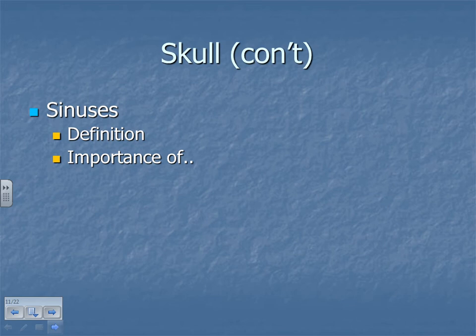And really the last importance is maybe it helps to reverberate sound. As you talk, some of the sound waves travel up through your bone tissue and reverberate within your sinuses. So many singers will talk about their head voice. Their head voice, or sometimes called a falsetto, is basically sound going through your sinuses.